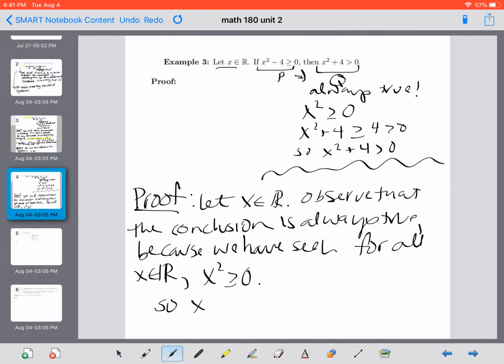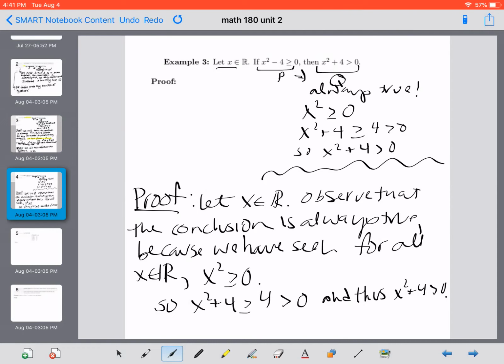So it follows that x squared plus 4 is greater than or equal to 4. 4 is strictly greater than 0, and so thus x squared plus 4 will be strictly greater than 0. This is what we were trying to show.